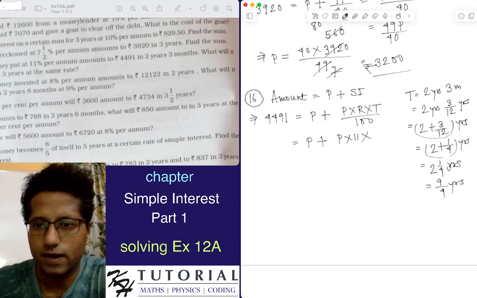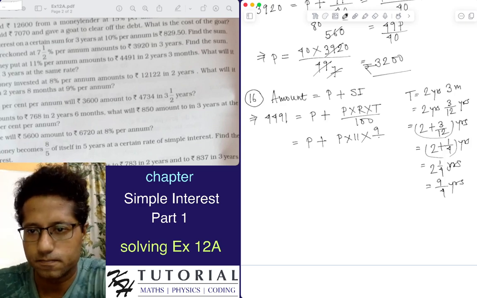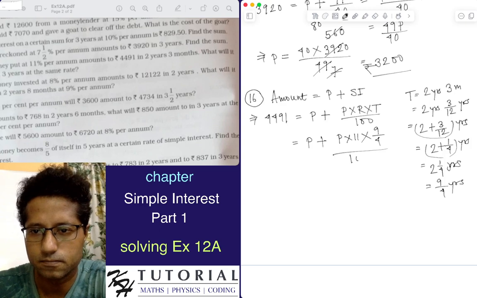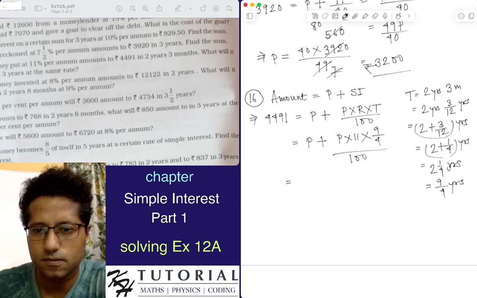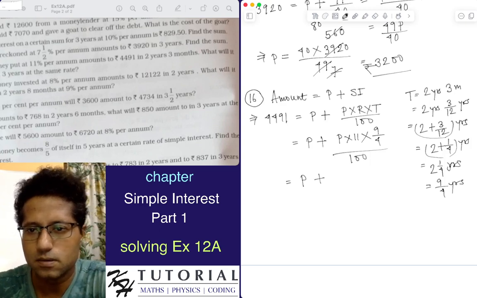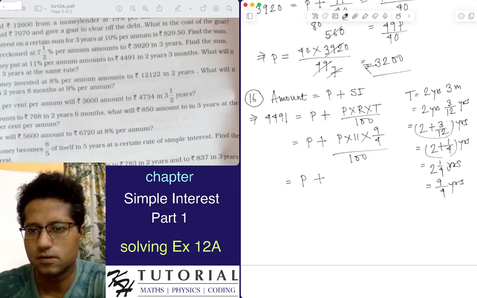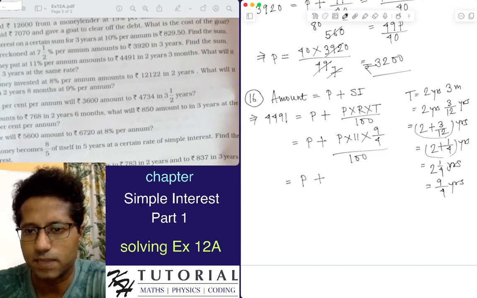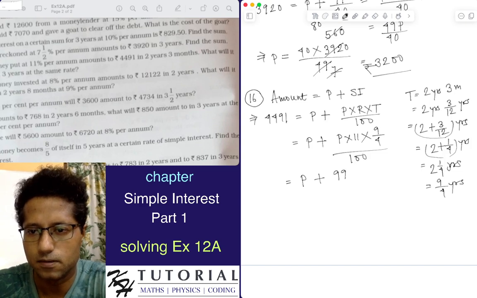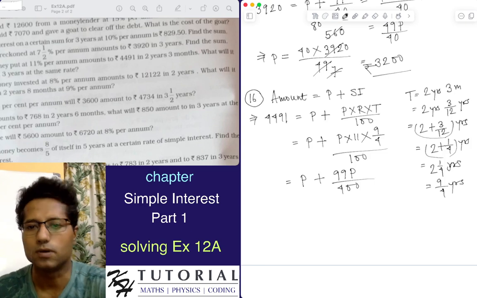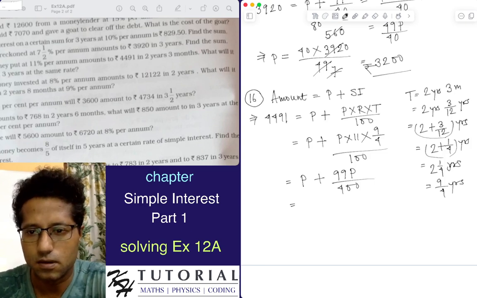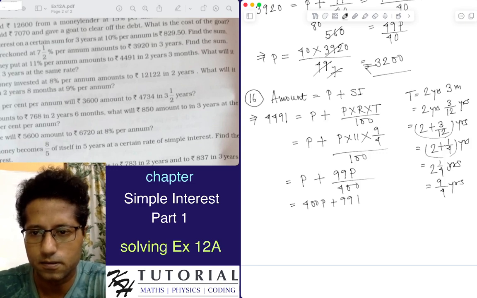Okay. So we have T as 9 by 4, divided by 100. Now this is P plus, if we simplify this, we will get 99 P by 400. Okay, this equals 400 P plus 99 P divided by 400.